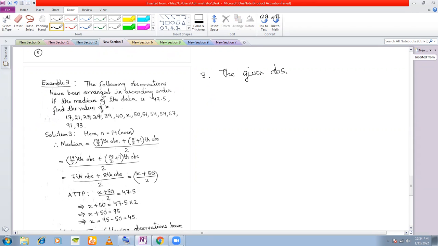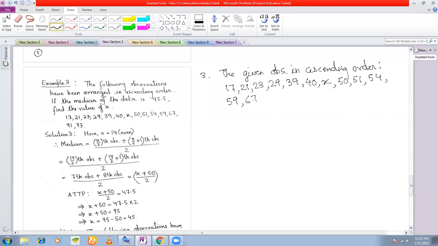The given observations in ascending order are 17, 21, 23, 29, 39, 40, and then you have an unknown X. Then you have 50, 51, 54, 59, 67, 91, and 93.